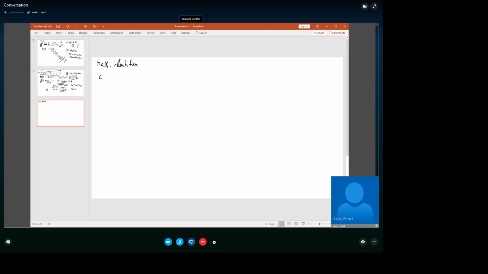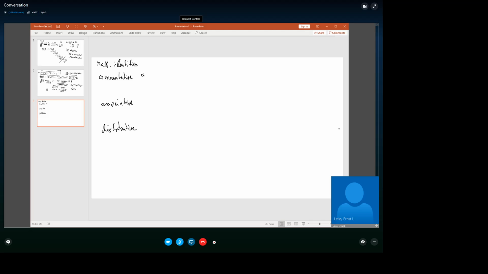We have commutativity. We have associativity. And we have distributivity. And we have both addition and multiplication.